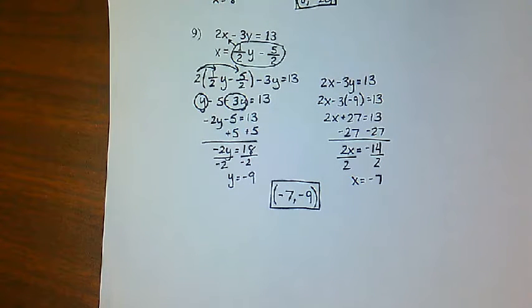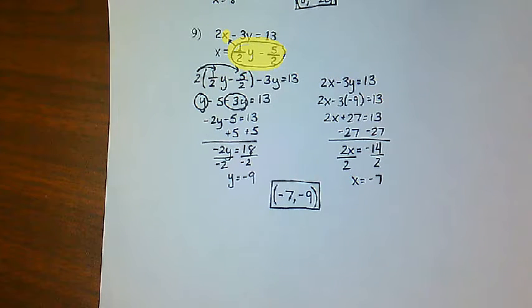So number 9 is already solved for you, so that's a plus. We have x equals 1/2 y minus 5/2. Okay, so I'm just going to take this right here and substitute it in for the first equation. All right, don't get overwhelmed by these fractions, okay? 2 times 1/2. Basically tell yourself what's 1/2 of 2, okay?